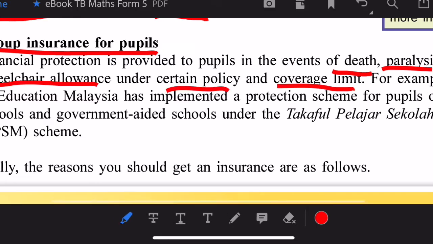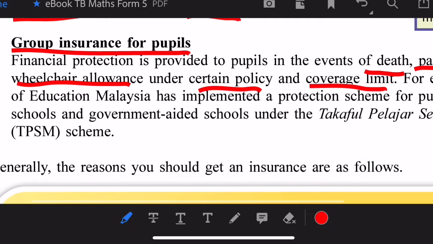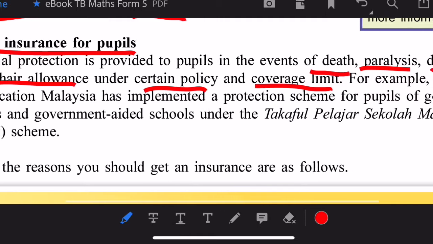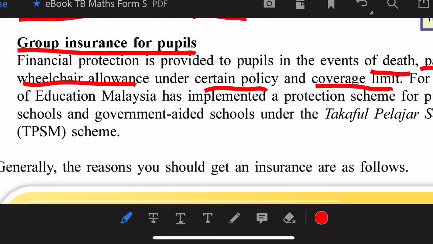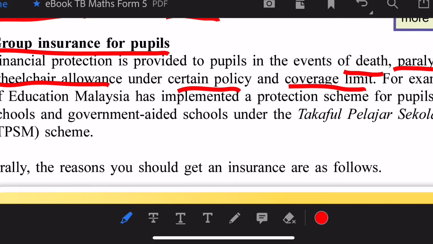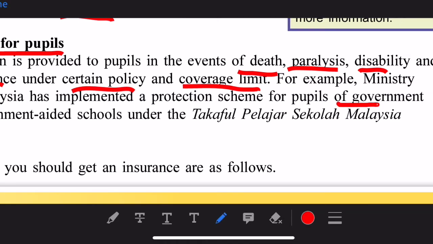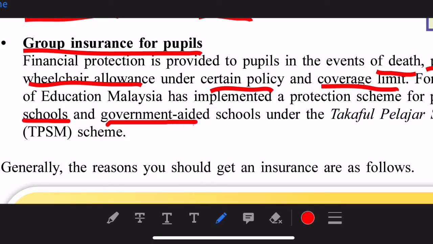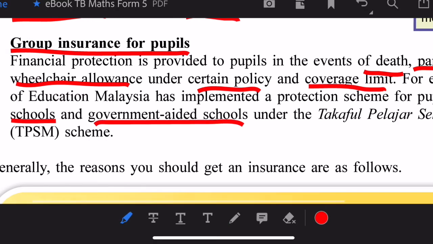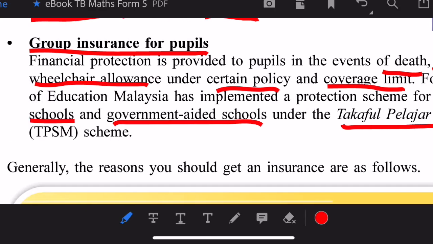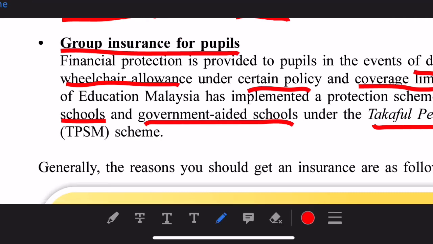For example, the Ministry of Education Malaysia has implemented a protection scheme for pupils of government schools and government-aided schools under the Takaful Pelajar Sekolah Malaysia, TPSM scheme.